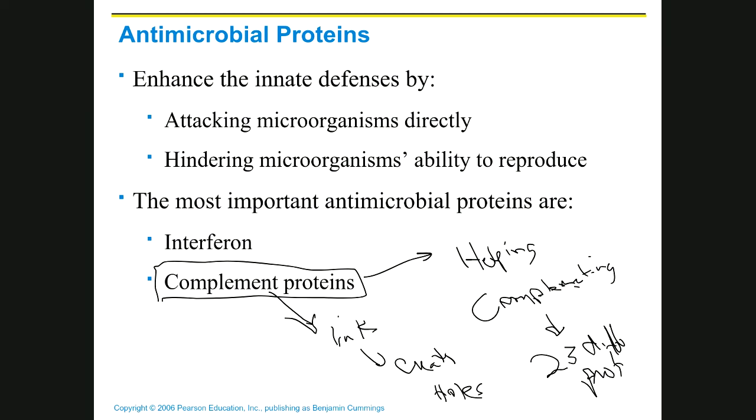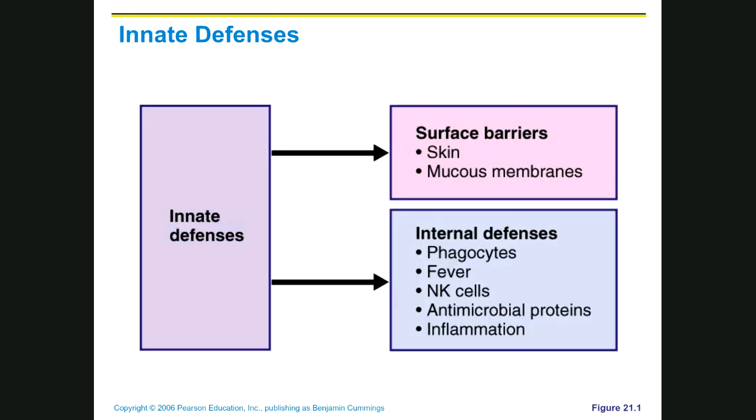Well, again, if you're going to create a bunch of holes, fluid's going to go in, particles are going to come out, and this thing's going to explode. So it's similar to what the natural killer cell does, but this is not the same thing as perforin. It's a completely different type of protein.